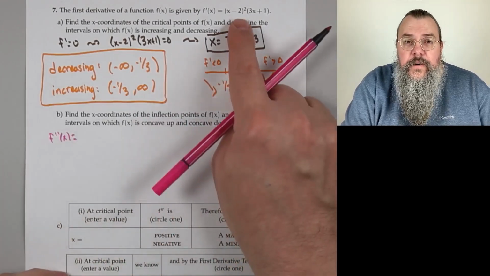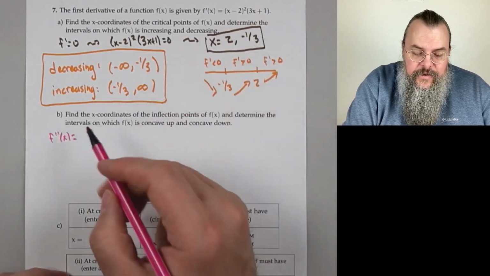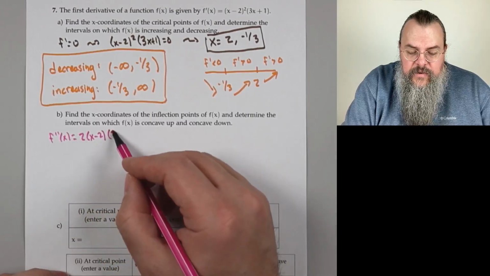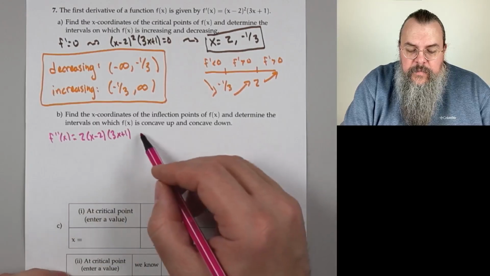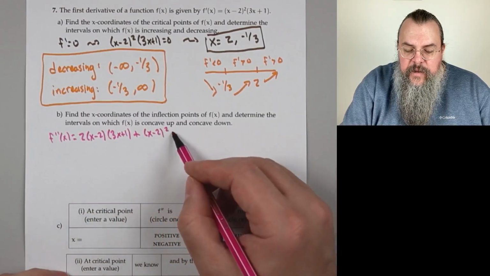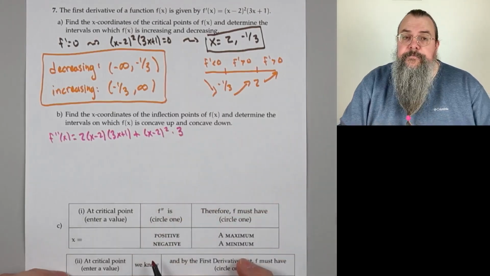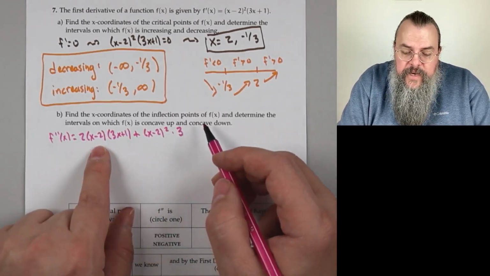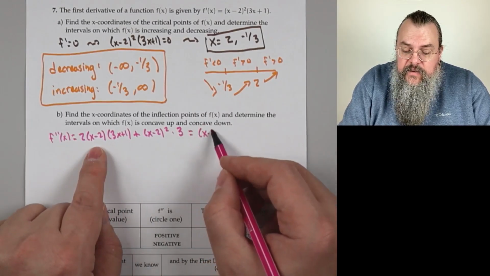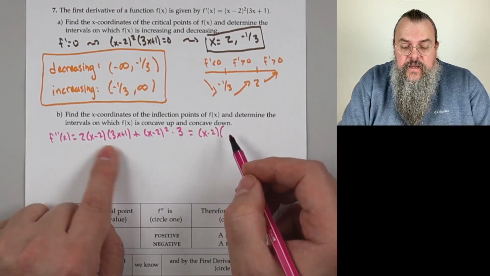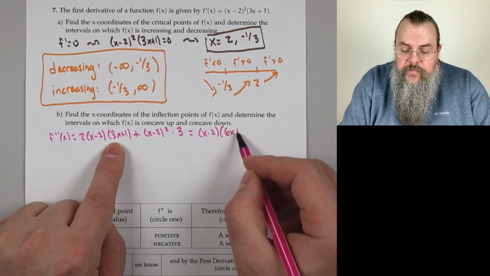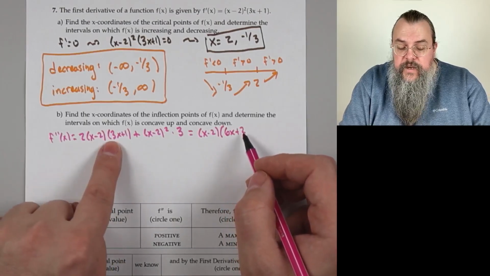Well, okay, so we can do product rule. So the derivative of the first, 2 times x minus 2 times the second, plus the first, x minus 2 squared, times the derivative of the second, which is 3. Now, we can factor out an x minus 2 because that's common. So this is x minus 2 times, in the first term we'll have 6x plus 2, because we have the 2 times 3x plus 1.